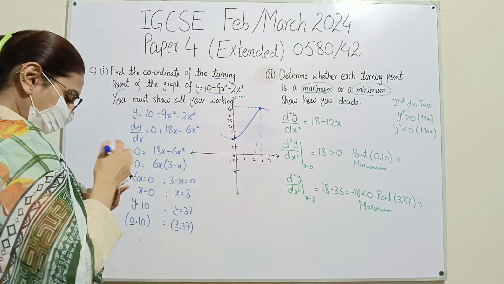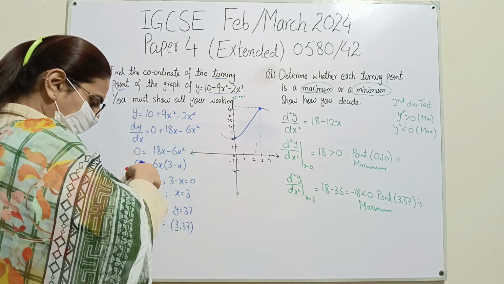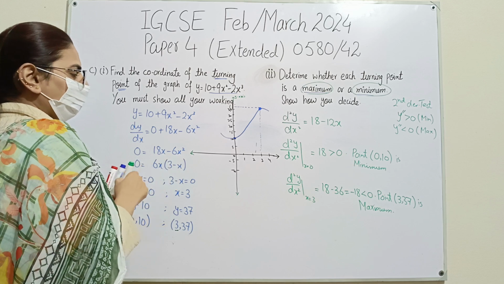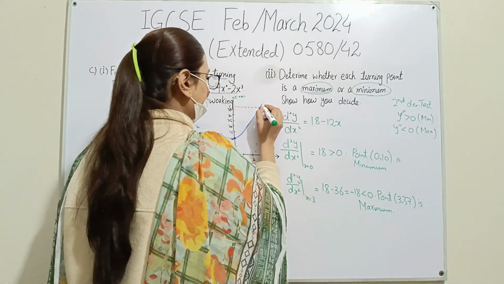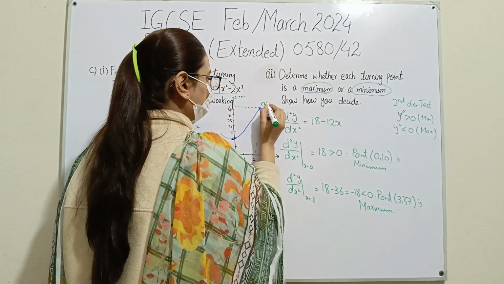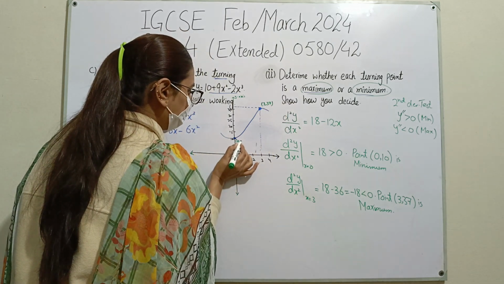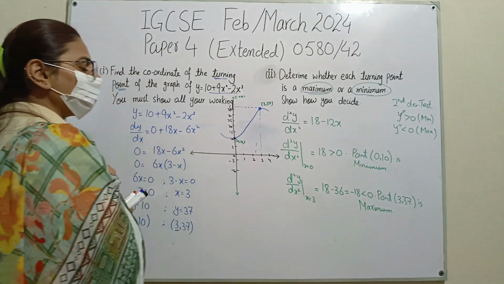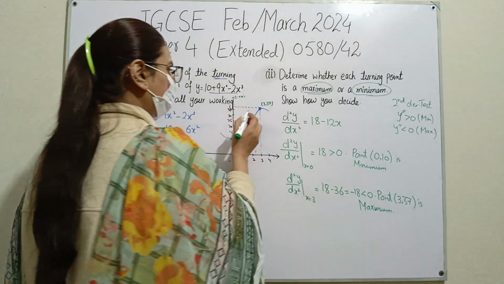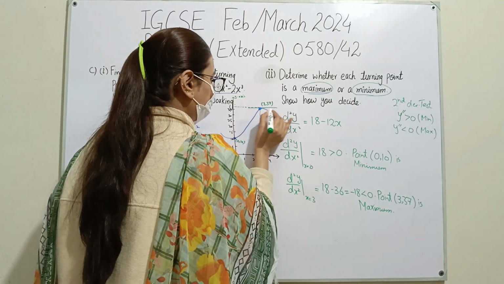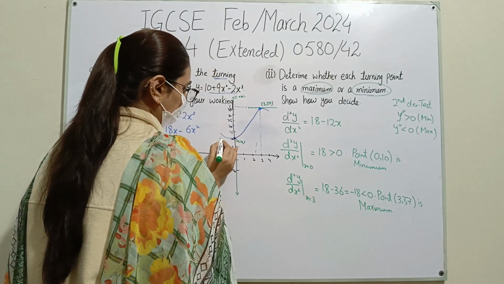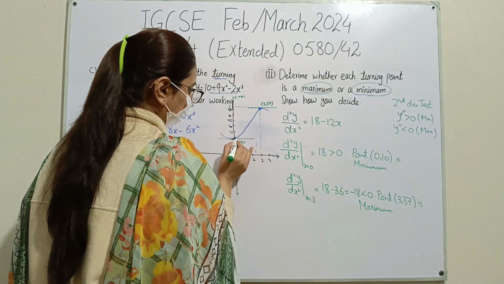Now you have to decide whether this is a maximum or minimum. This is the point (3, 37) and this is the point (0, 10). In order to see whether it is a maximum or minimum, draw a straight line over here and also draw a straight line over here.